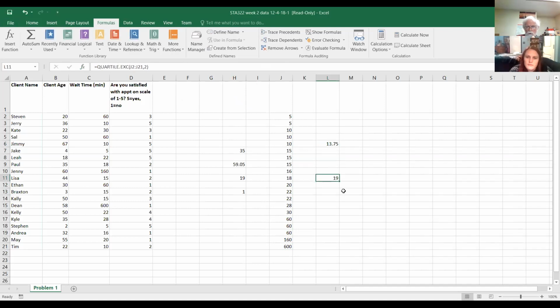So we get 19, which is exactly what we expected to get, the median of the data set. In fact, when you do quartile 2, it may actually default to calculating the median. I'm not quite sure of all of that. So let's go down here and get the third quartile.